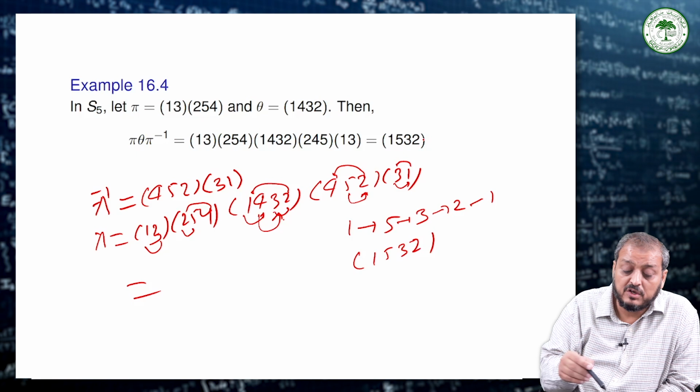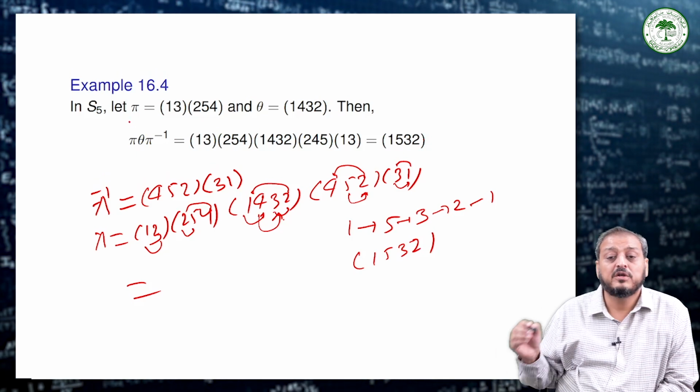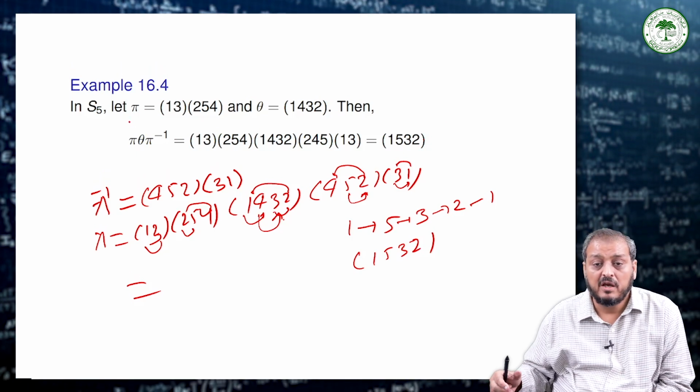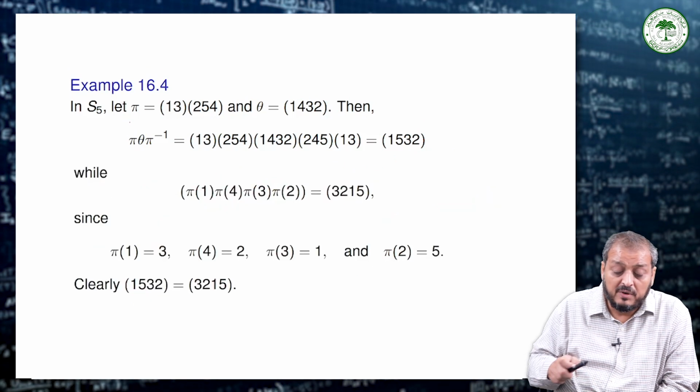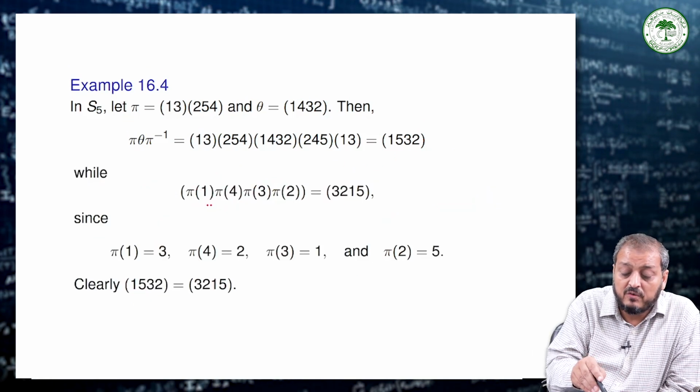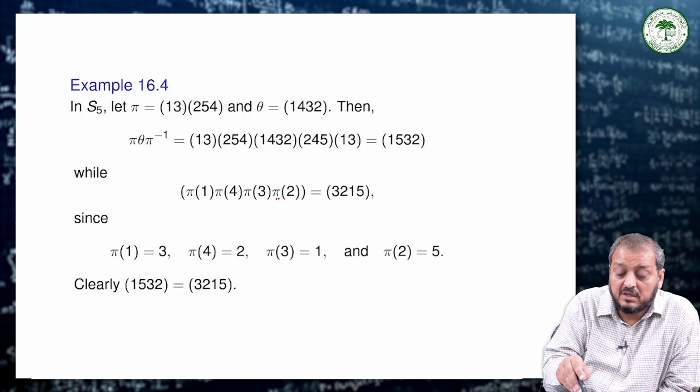So (1 5 3 2) is the conjugate, and we can easily calculate it in this form. Similarly, we write pi 1, pi 4, pi 3, pi 2.